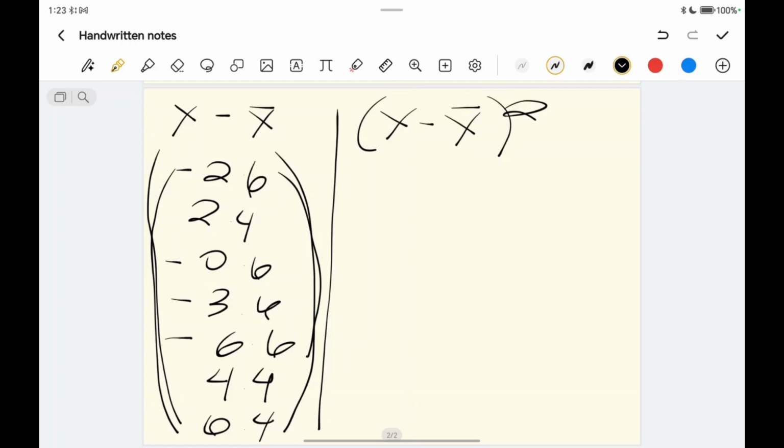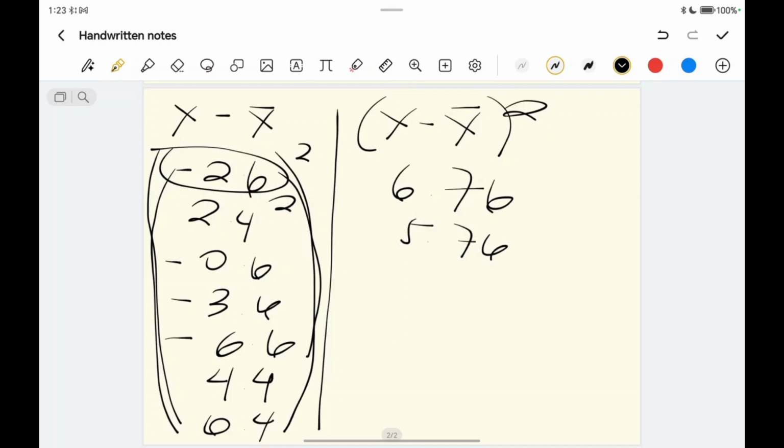So first we have negative 2.6. If we square it, the answer would be 6.76. The square of 2.4 as well is 5.76. Negative 0.6 squared is 0.36. And then negative 3.6 squared is 12.96.